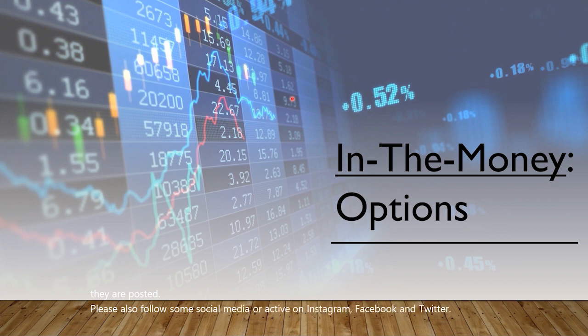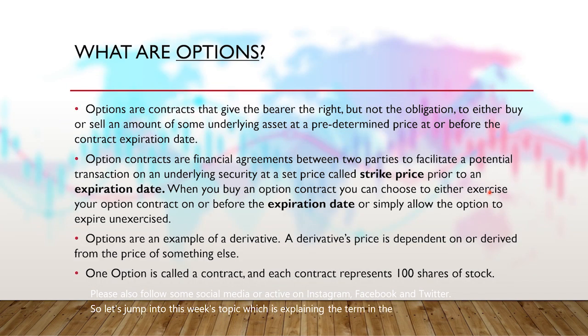So let's jump into this week's topic, which is explaining the term in the money. Before we do that, let's do a quick refresh on what the term options are. Options are contracts that give the bearer the right, but not the obligation, to either buy or sell an option of some underlying asset at a predetermined price at or before the contract's expiration date.